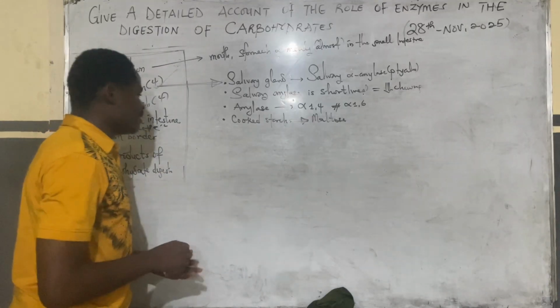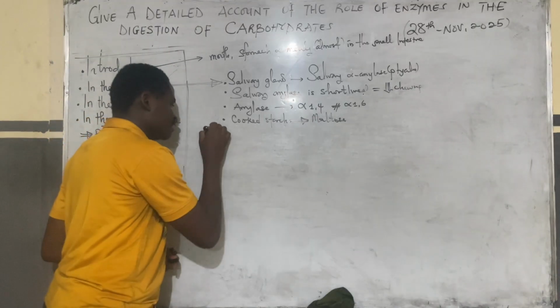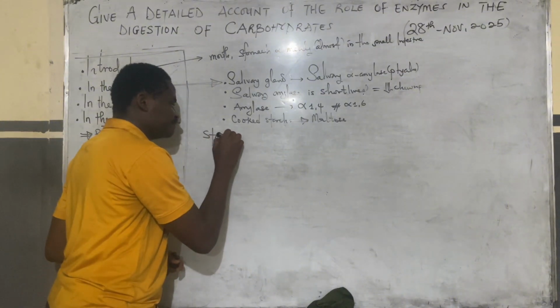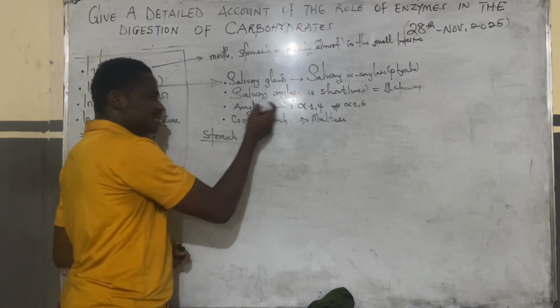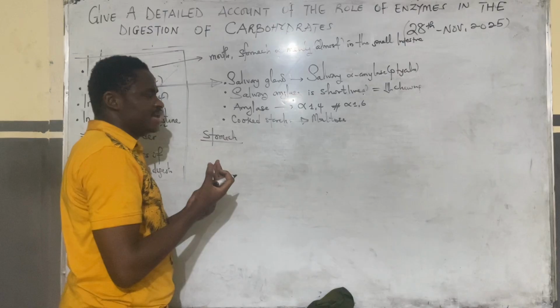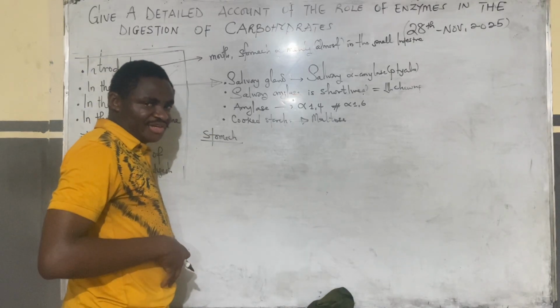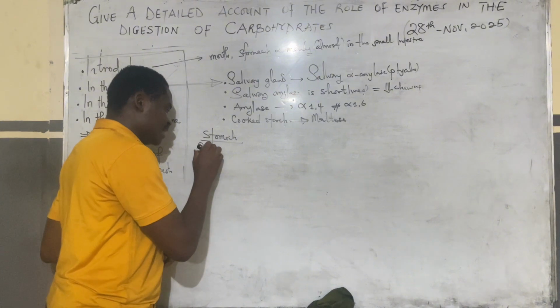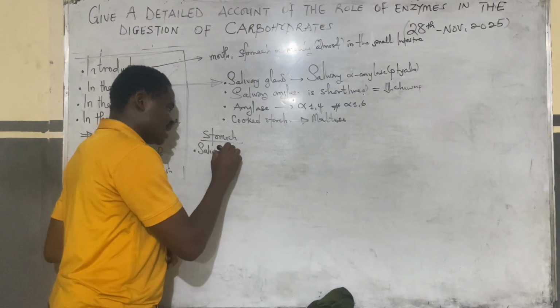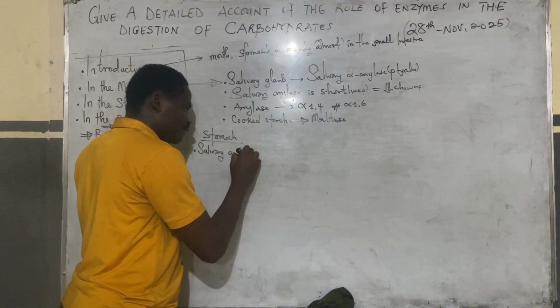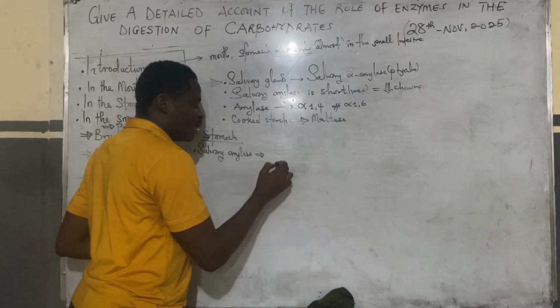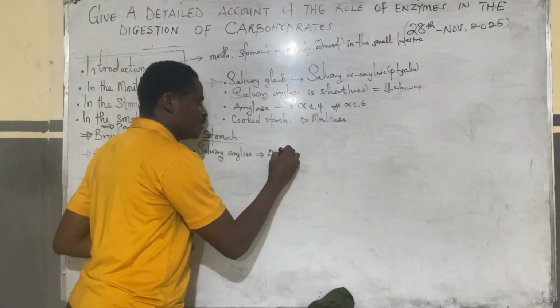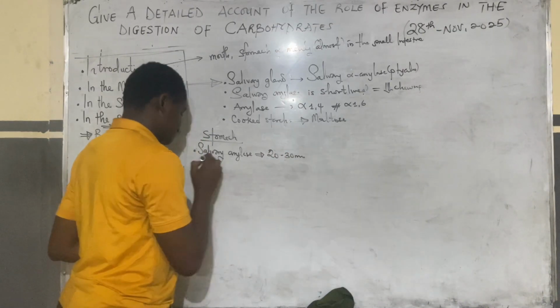Now, for the stomach, the first thing you are going to say is that this salivary amylase that is enwrapped with food will follow it through till it reaches the stomach. So you are going to say that salivary amylase action is going to prolong for about 20 to 30 minutes.